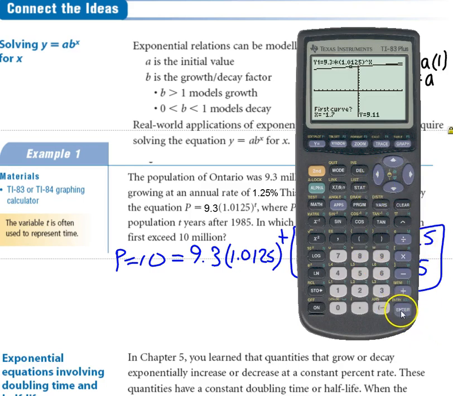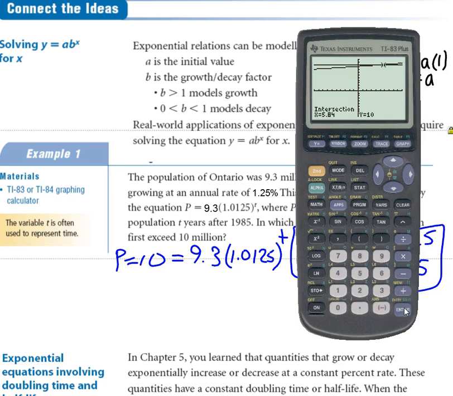Where we're on the curve isn't important, but the first curve is shown in the top left hand corner. That's my growth curve. Then it asks for the second curve, which is the population 10 value. Enter, guess, move over to the point of intersection, which I think is over in quadrant 1 somewhere, and I'll calculate the rest of it.